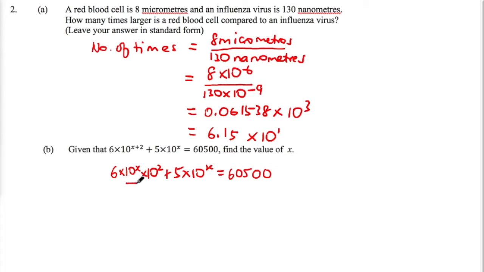Now we have a common 10 to the power of x, which we can factorize out. Therefore, here we have 6 times 10 to the power of 2, which is 600, plus 5 times 10 to the power of x.